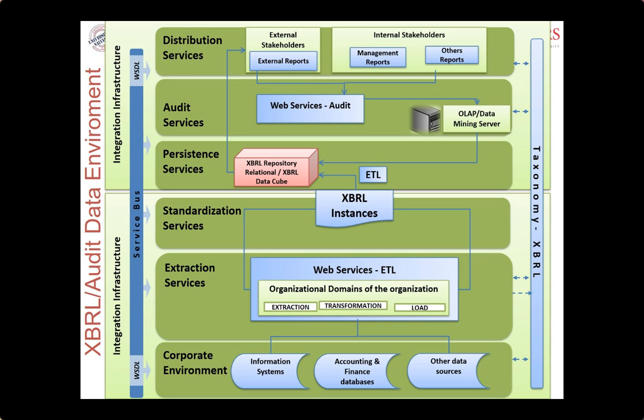And here are two layers of analysis. One is a persistent service where you have relational and XBRL data, like the warehouse. And here the audit service with the OLAP and data mining service for audit and analysis of this data.